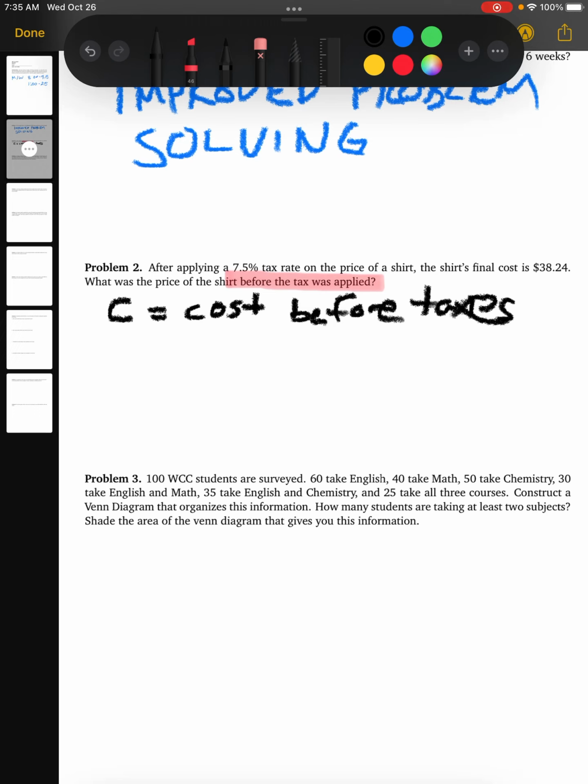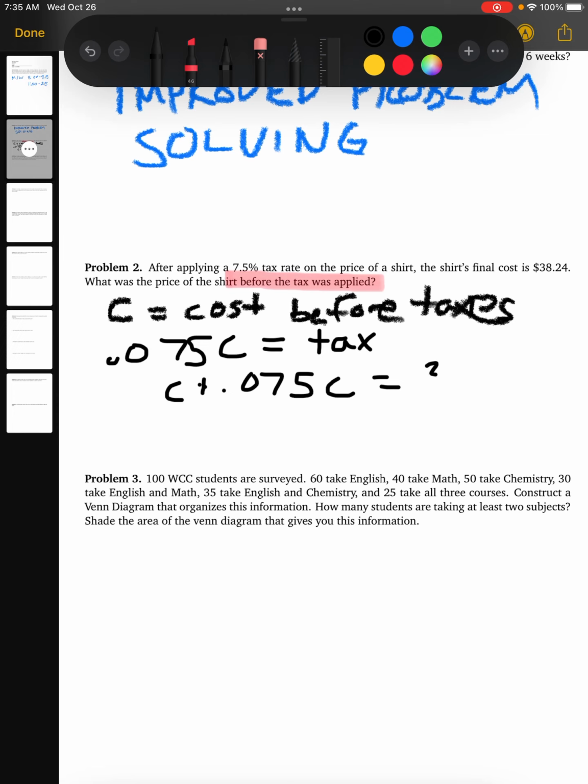So C is my cost before taxes. 0.075 multiplied by C would be the amount of tax. So to get the price of my shirt, I would have the cost before taxes plus 0.075 C, and that should equal our final cost, $38.24.